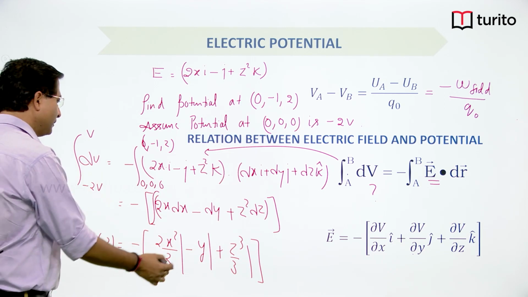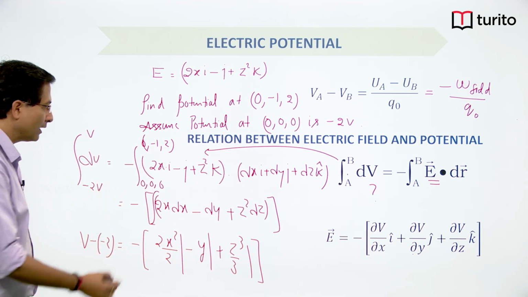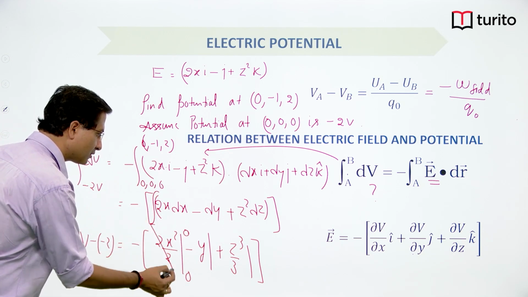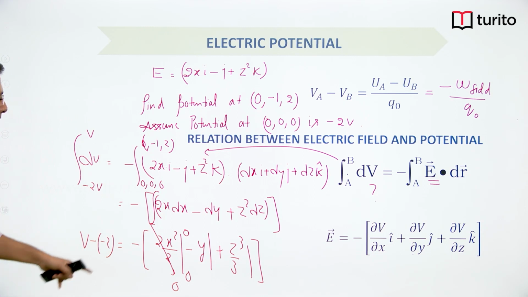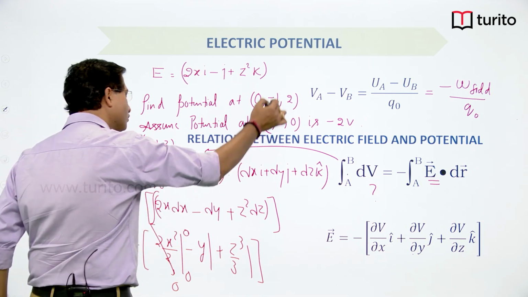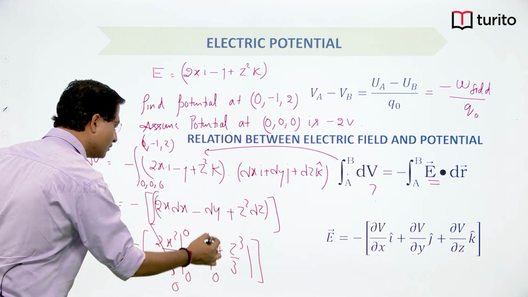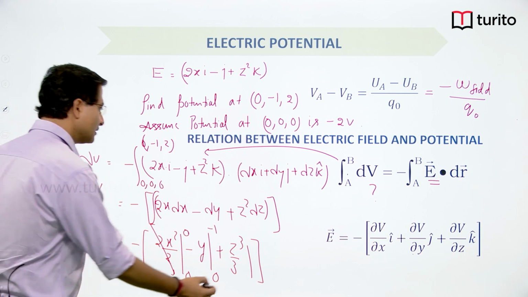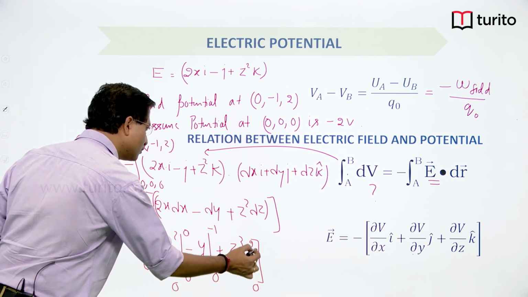Now, look at the limit, 0, x varies from 0 to 0, obviously this term will be 0, right. Next term, y varies from 0 to minus 1, and z varies from 0 to 2.